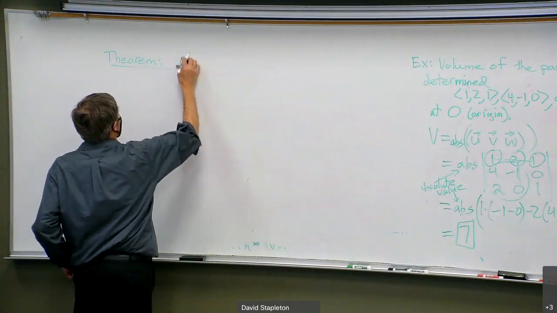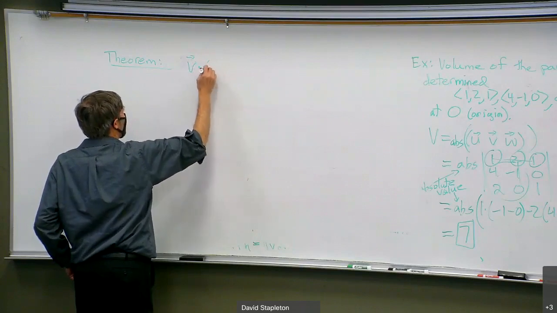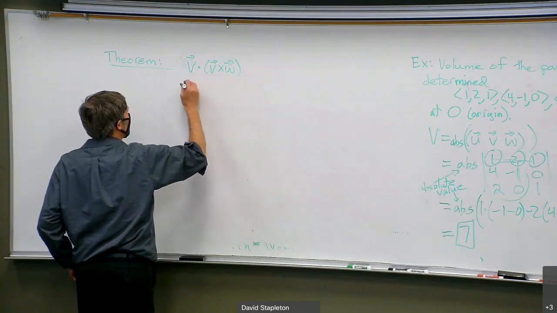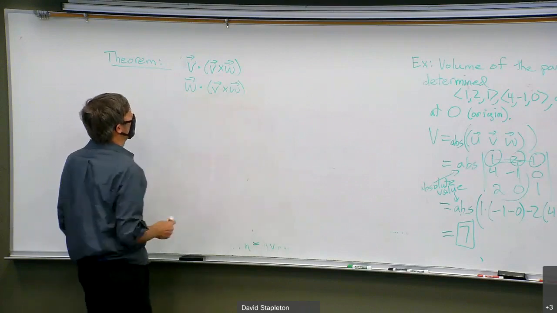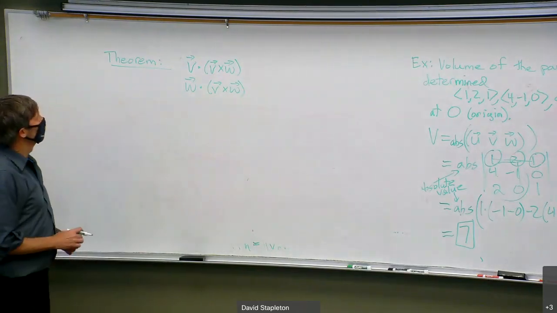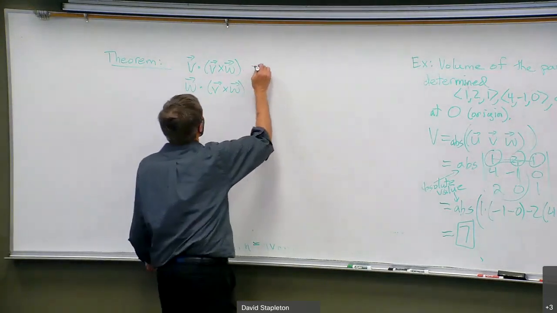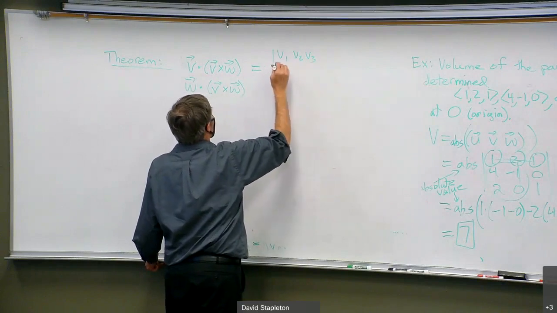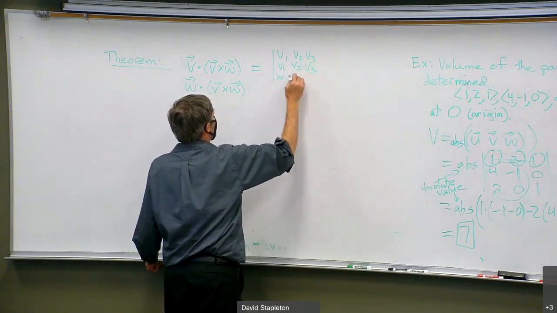You take V dot V cross W, or if you take W dot V cross W, what do we get? Oh, wait a minute, it's a triple scalar product, right? So it's V1, V2, V3, V1, V2, V3 again, W1, W2, W3.